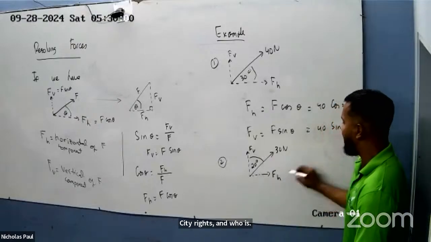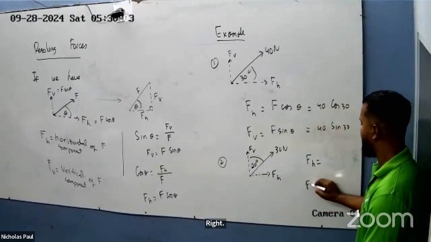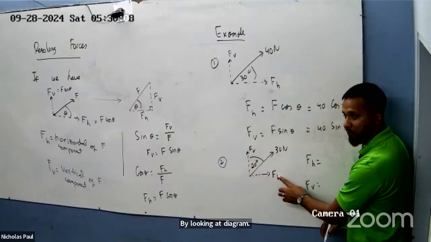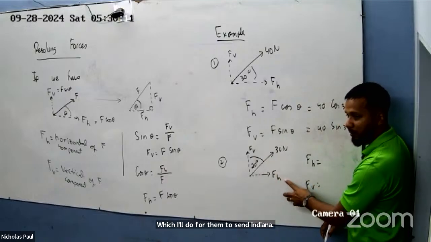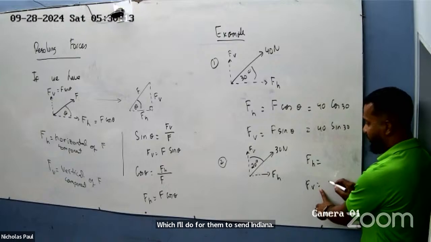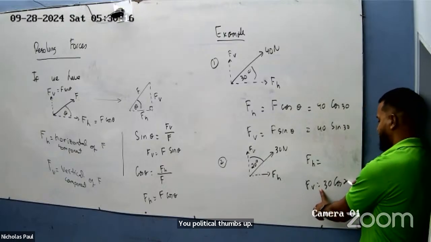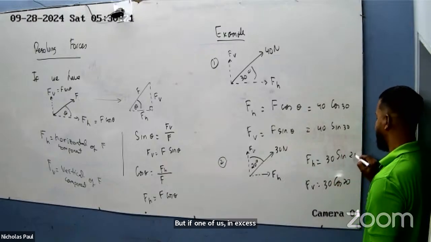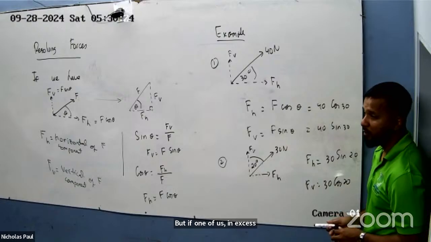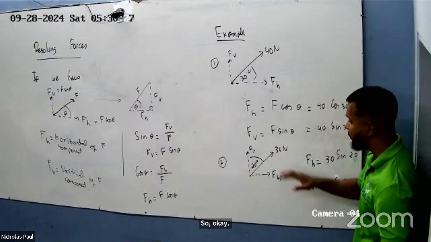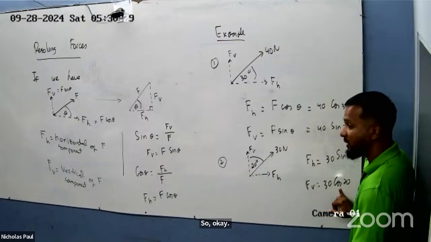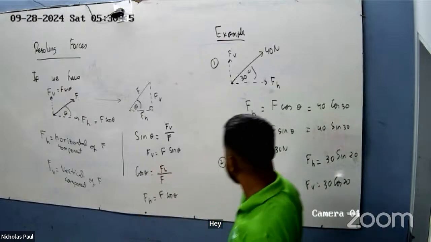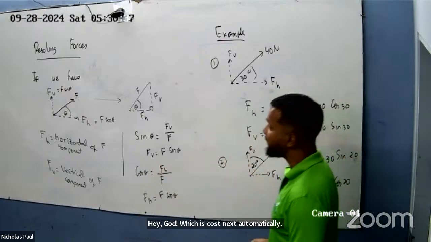By looking at the diagram, which of the forces is adjacent to the angle, the vertical or the horizontal? The vertical. So the vertical will be 30 cos 20. And if one is cos, the next is sine. So you don't have to draw a diagram and work them out. Just use the diagram that you have, figure out which is cos, and the next is automatically sine. Please remember to include the direction correctly. Copy it down.